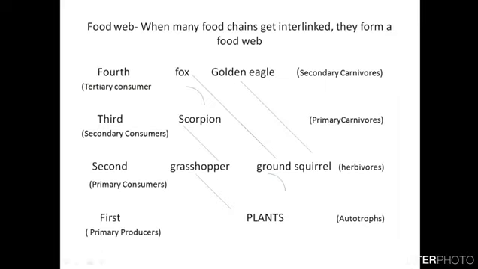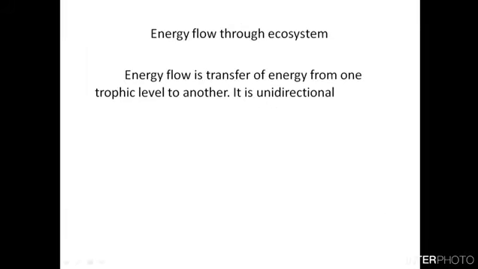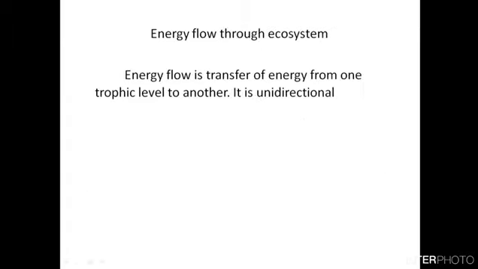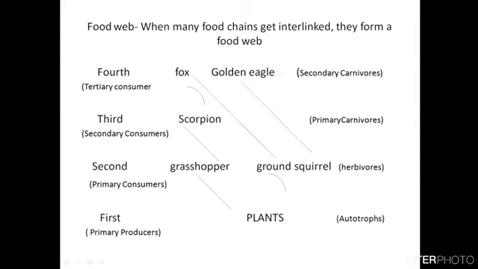Ground squirrels eat plants, and the foxes can also eat the ground squirrels. Alright, so here you can see that this is another food chain. And the third one is the ground squirrels, they eat plants, and then the golden eagle can also eat the ground squirrel.